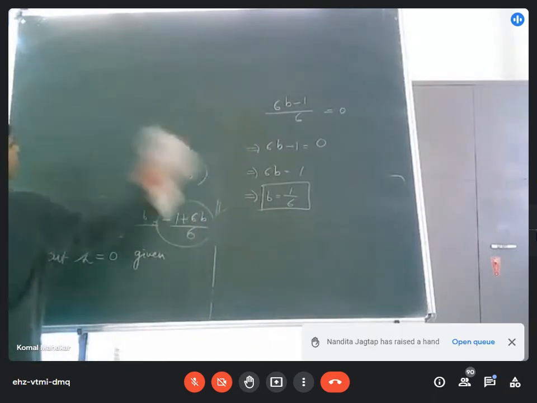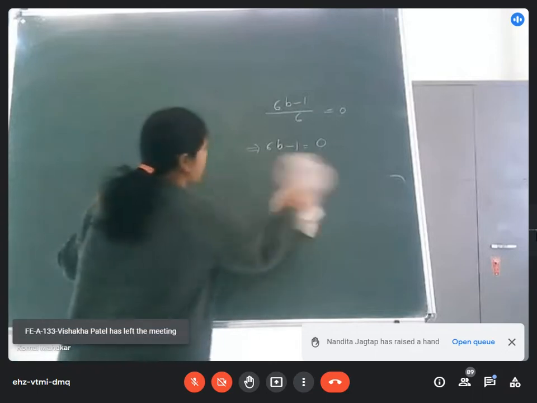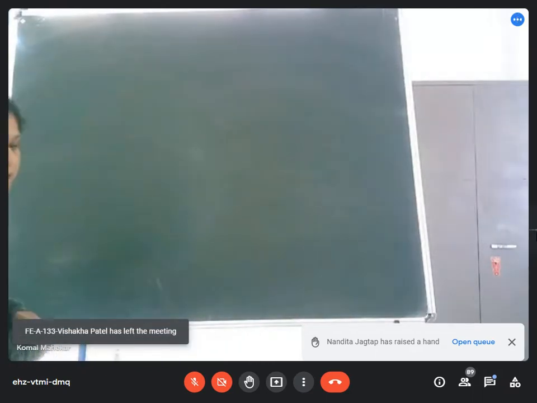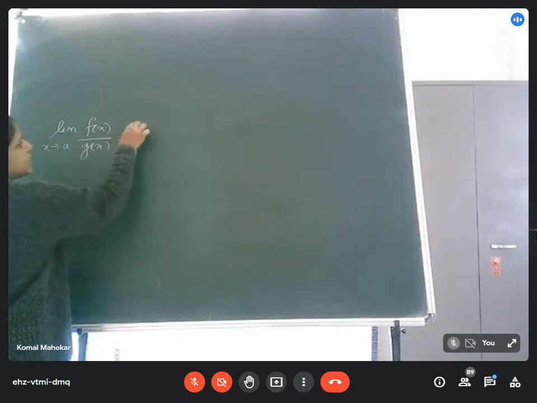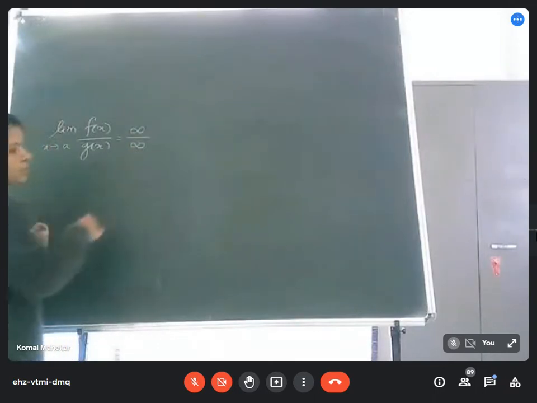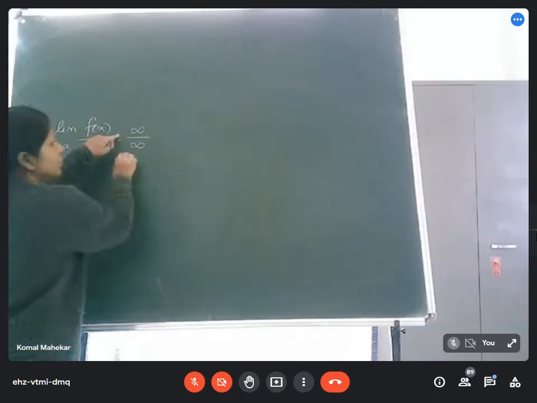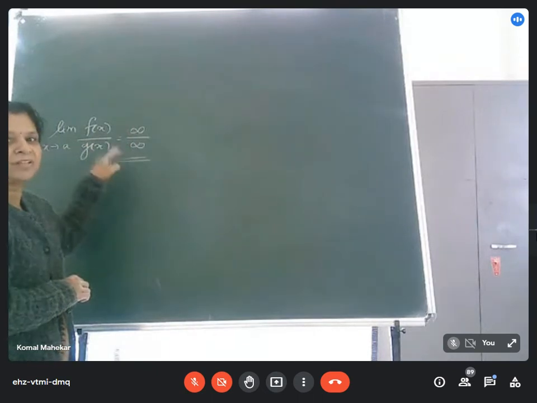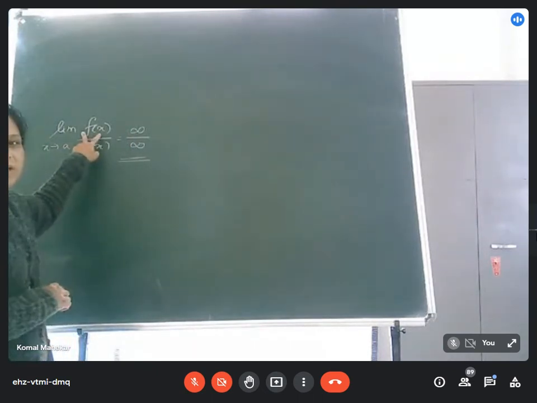The second form is infinity by infinity form. How to identify it? Apply the limit to the function. If the limit of the function f(x) upon g(x) as x tends to some value a is infinity by infinity, then directly we will apply the L'Hospital rule.